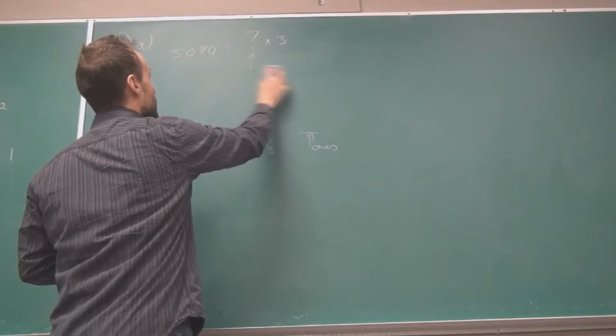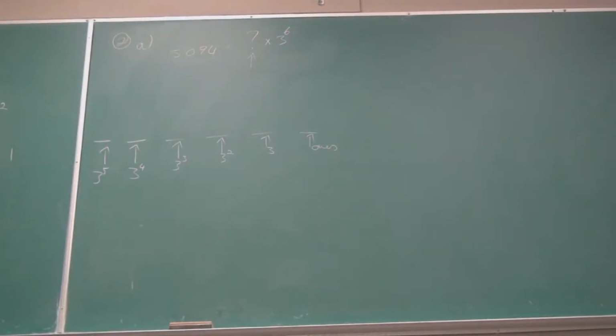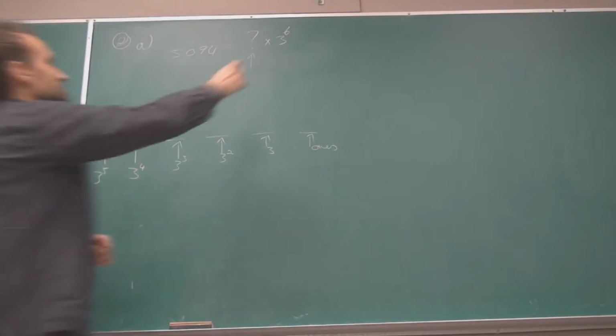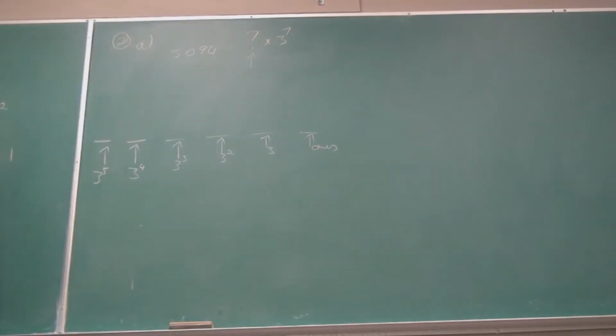Well, it's 3 to the 6 I mean. 729. 3 to the 7, 2,180. That's still good. Let's try 3 to the 7. How many times does 3 to the 7 fit into 5,094? 2 times.